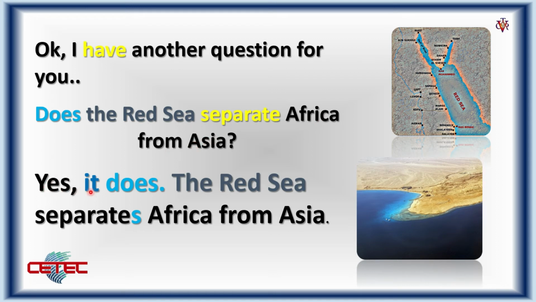Yes, it does. The Red Sea separates. Now, do you see the verb? Now, don't forget to use this structure. And don't forget how we can manage those verbs. Africa from Asia are separate. The Red Sea, it's in the middle between one place and another one. So it's important to know.